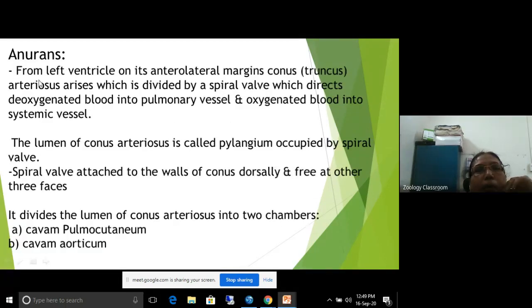Then in the frog, from the ventricle on its anterolateral margin, a conus or truncus arteriosus arises, which is divided by a spiral wall that directs deoxygenated blood into the pulmonary vessel and oxygenated blood into the systemic vessel. The lumen of the conus arteriosus is called the phalangium, occupied by the spiral wall. The spiral wall is attached to the walls of the conus dorsally and free at the other three places. The lumen of the conus arteriosus is divided into two chambers, the cavum pulmocutaneum and the cavum aorticum.